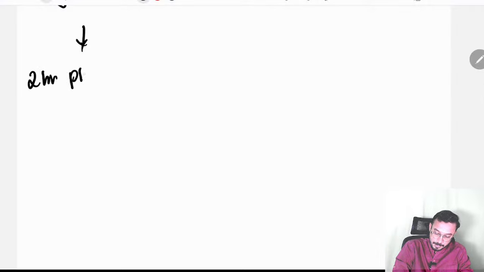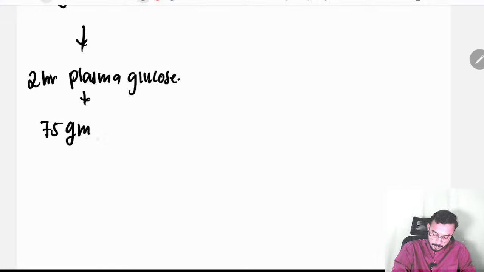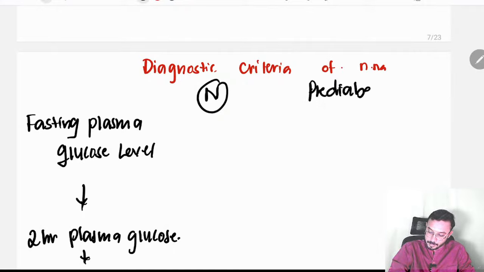And next you are going to check the 2-hour plasma glucose. How? By giving this 75 gram glucose to the patient. Okay. So let me write the normal values and pre-diabetic values, and next the diabetes mellitus criteria.